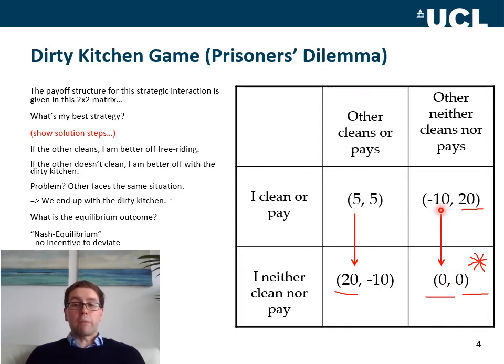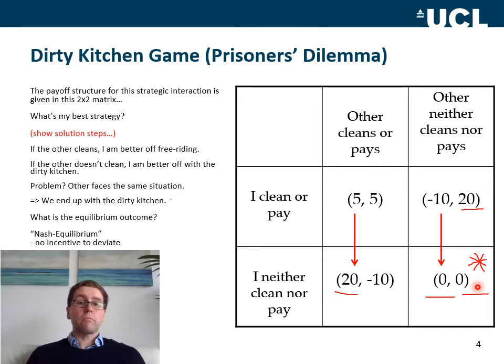But that means that I make myself worse off. I get -10, right? And the same is true for you. So you also think that if you start cleaning yourself, I can just run away. So basically, you go from 0 to -10, and you're worse off. So no player has an incentive to unilaterally deviate from this situation, and we find ourselves in the dirty kitchen situation.